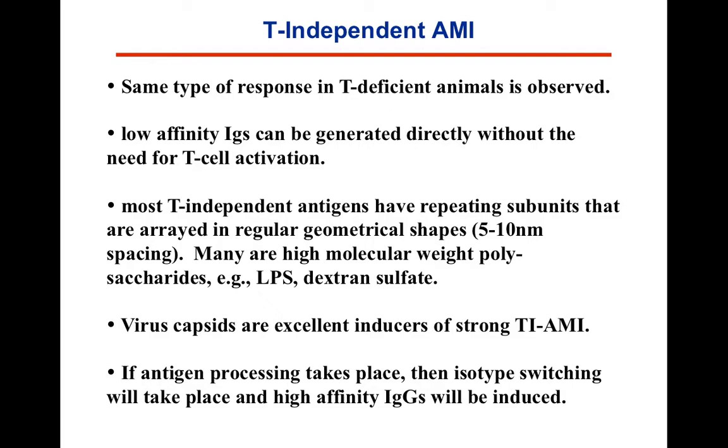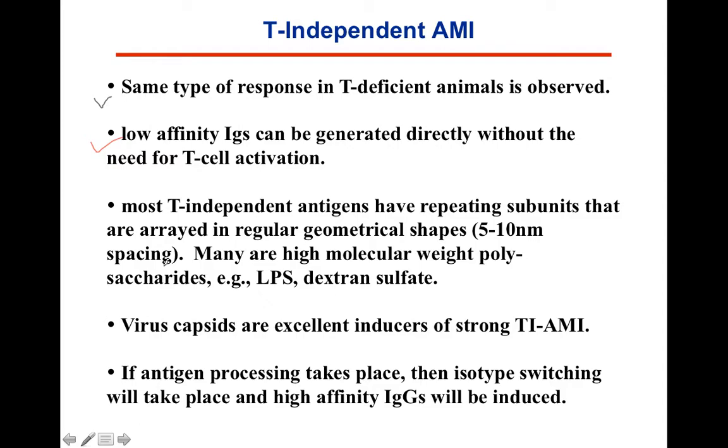This response was recognized because you could see it in T deficient animals. It's characterized by low affinity antibodies that can be generated directly without the need for T cell activation.